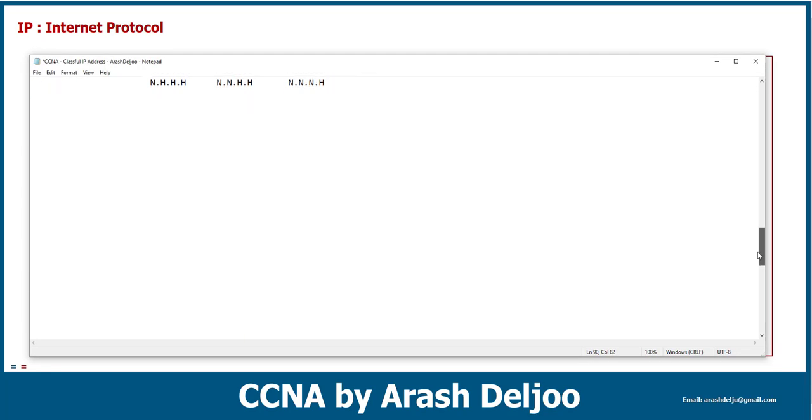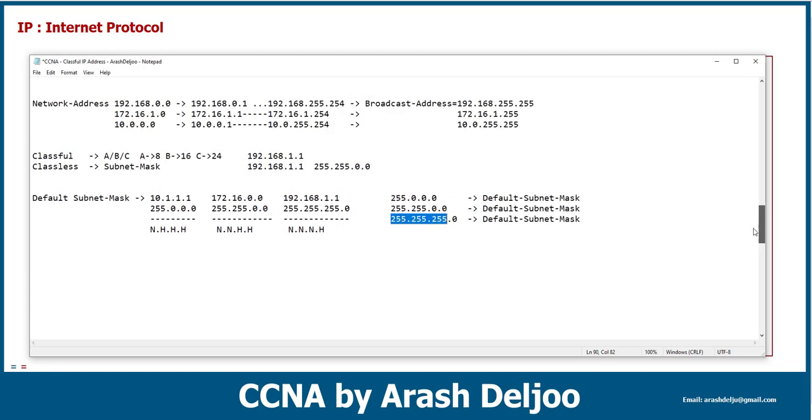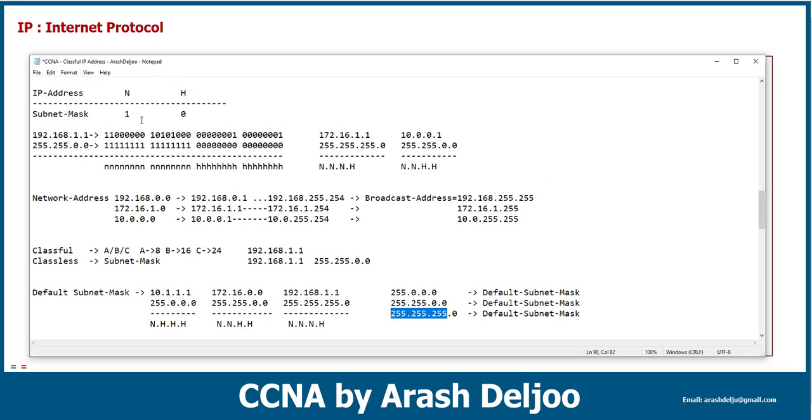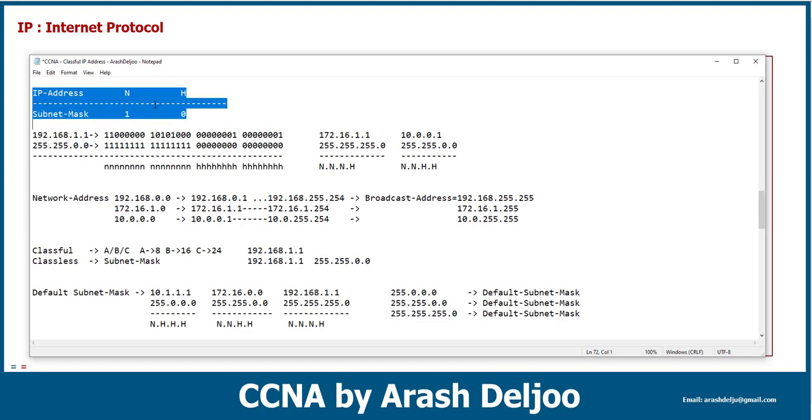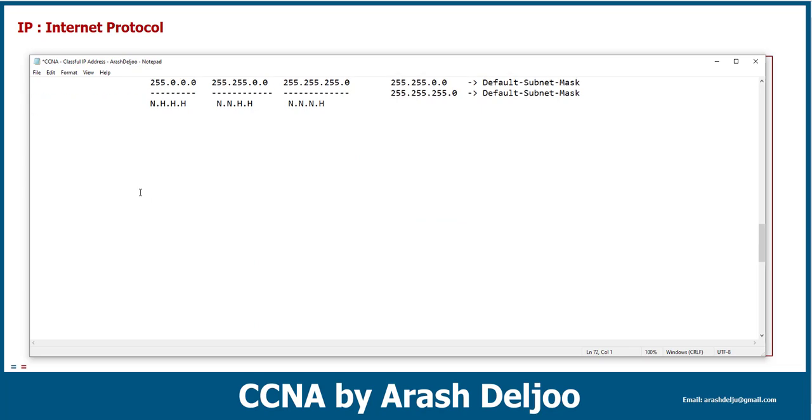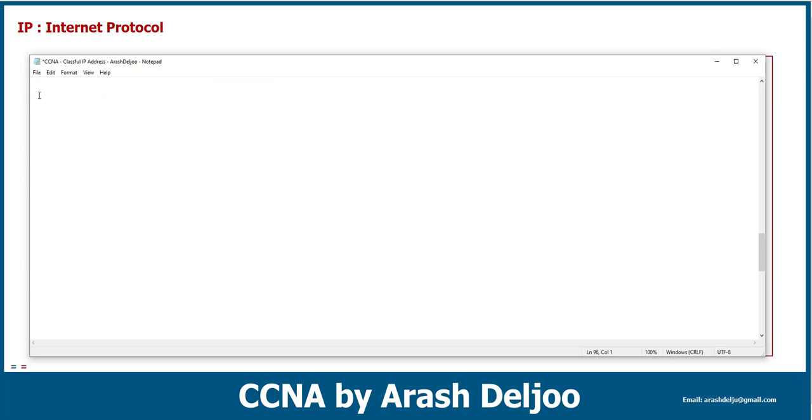Look at here. You know that in the subnet mask we have a definition. Let me copy this definition. This is the definition and usage of the subnet mask. In the subnet mask we have 1 and 0. 1 means network bits in the IP, and 0 means the corresponding bits in the IP address are host bits.